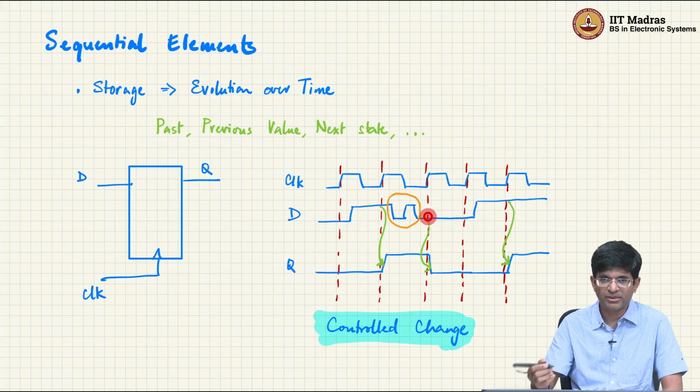It has no way of coming through to the output because all those happen between these two clock edges, and therefore they get ignored. In this way, a flip-flop allows you to control when an output or a value is going to change, and this allows us to build more complicated systems that evolve with time, because the clock brings in this notion of time and allows us to control when certain things are going to change.